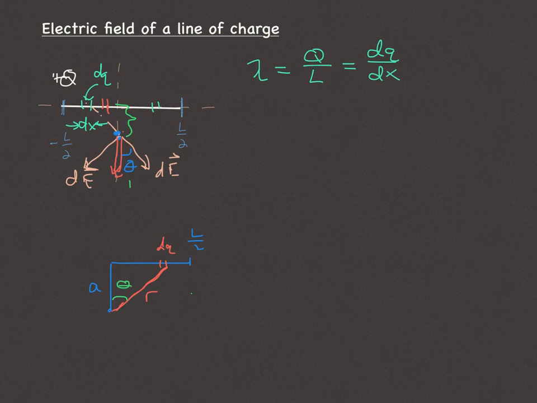So the electric field is equal to the sum of 1 over 4 pi epsilon naught times the charge that's producing it over the distance squared, and we get a small amount of electric field from every small amount of charge.